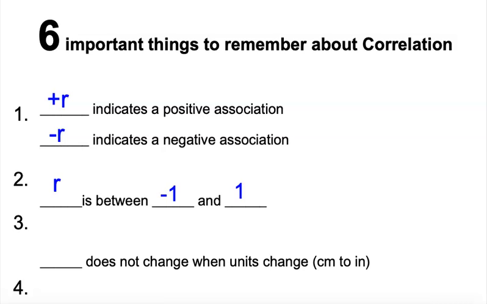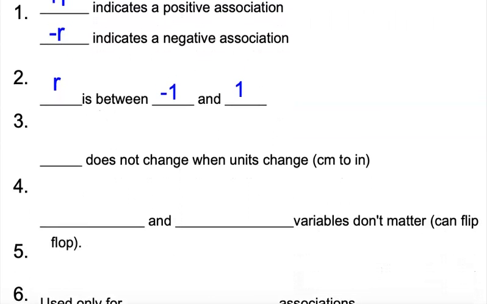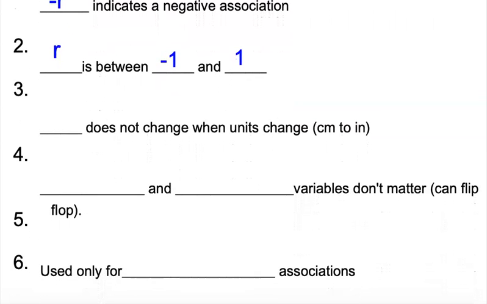So the R value is always between -1 and +1. If you have a -1 or a +1, that means you have an absolutely perfect association. In real life, it's super, super hard to get an exact +1 when we're trying to find a correlation between two things.